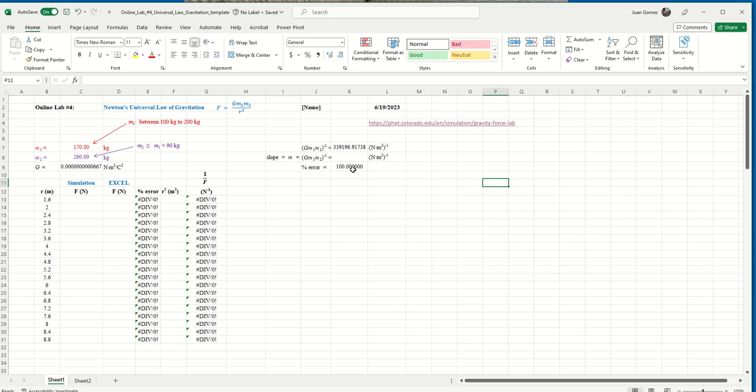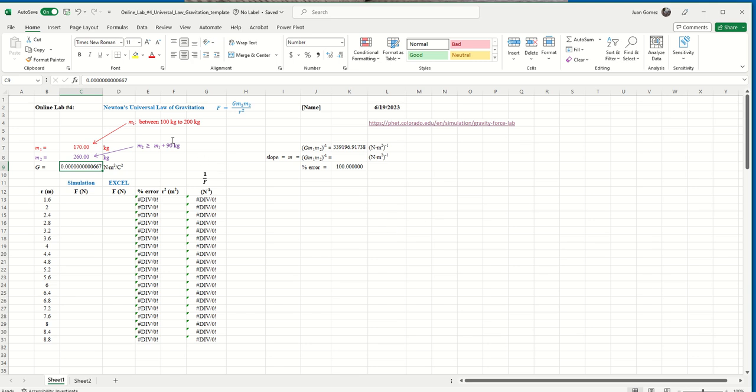And notice cell K9 also updated. It's the percent error between the slope you get from Excel and the actual calculated value when you just do 1 over G m1 m2. And notice my value for G is entered in cell C9. So just to recap, cells C7 and C8 are M1 and M2, and then C9 is G. Remember, it's 6.67 times 10 to the minus 11.